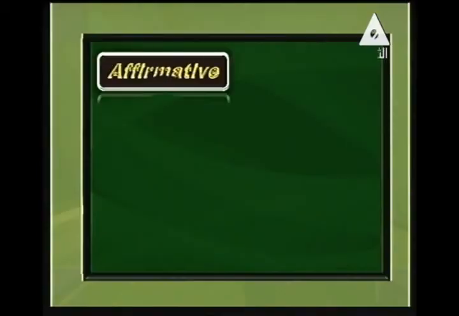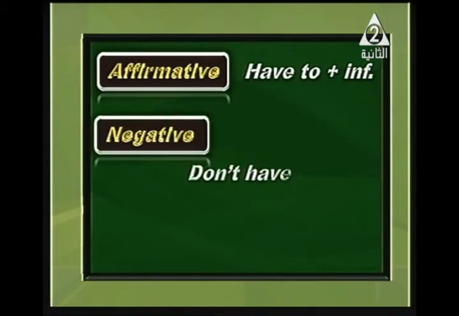My dear students, تعالوا دلوقتي نستعرض ملخص لل necessity and application في الaffirmative والنيجاتيف والinterrogative. تعالوا نشوف مع بعض. Affirmative: have to plus infinitive. Negative: don't have to plus infinitive.